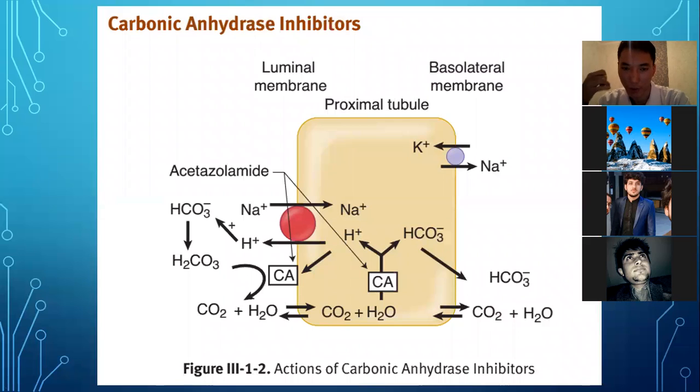It means that there will be an increase in pH. An increase in pH results in what we have already learned. The main side effects of the diuretics are hypocalcemia and alkalosis. We have this type of parts.